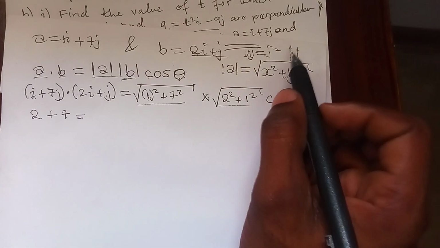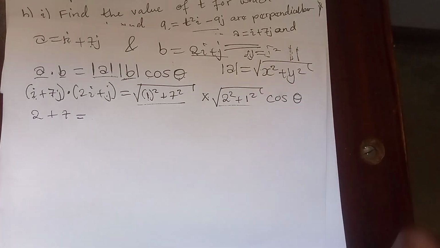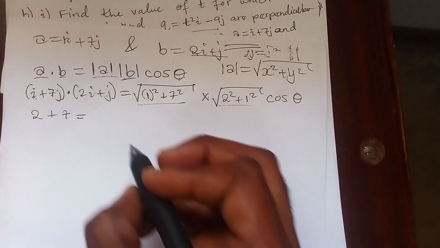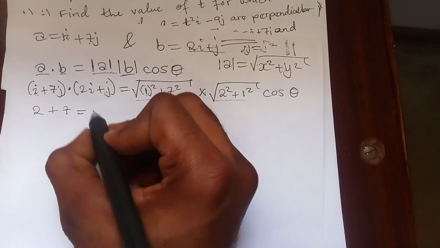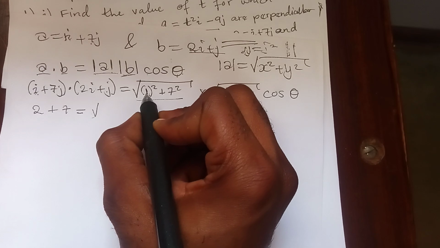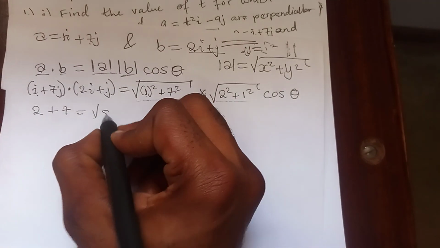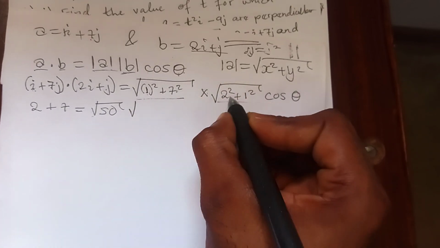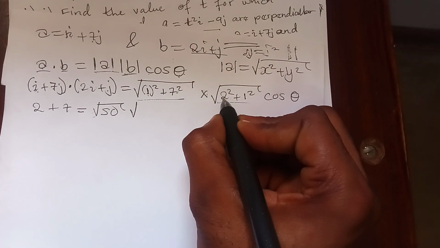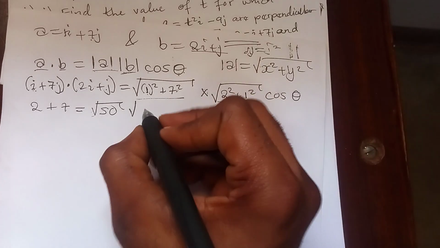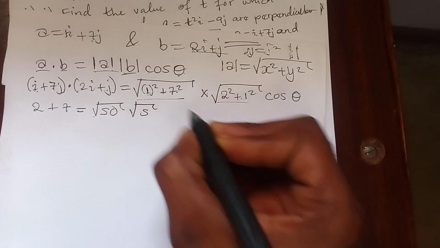So i times i, or j times j is just a 1. So you have 1 squared is 1. This is 49. 49 plus this, we have a 50. Then the square root of this is 4 plus 1, we have a 5.